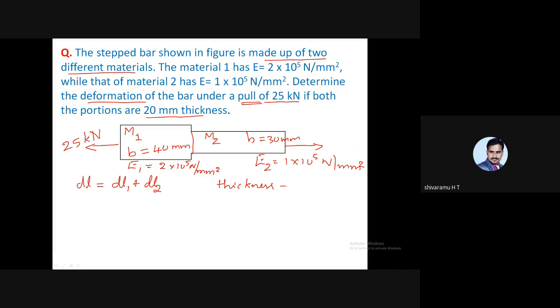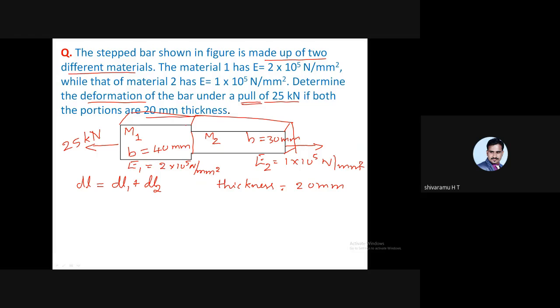The thickness of both portions is 20 millimeter.